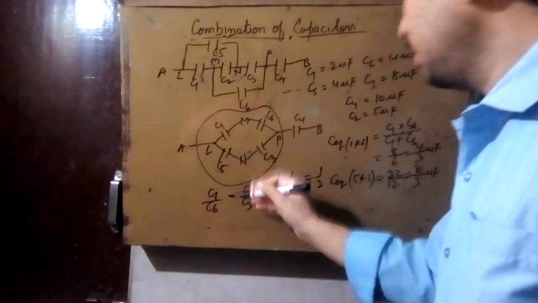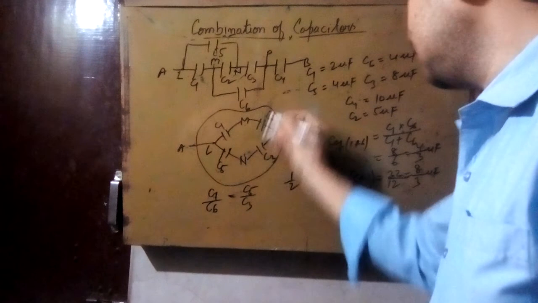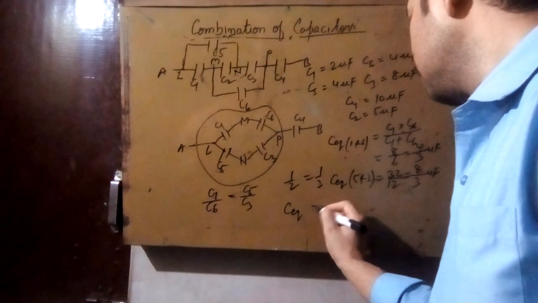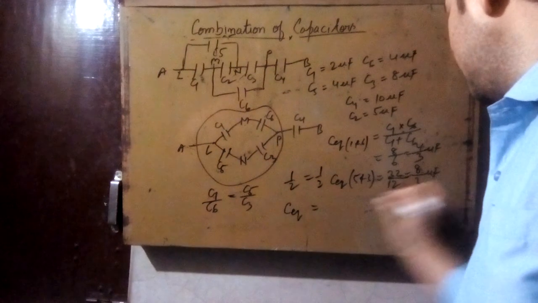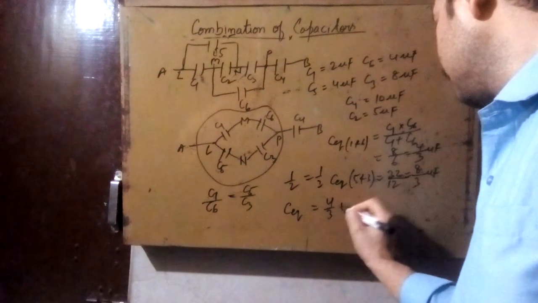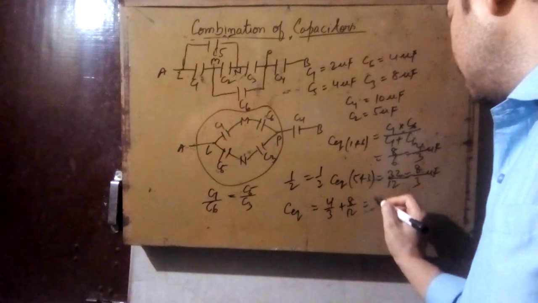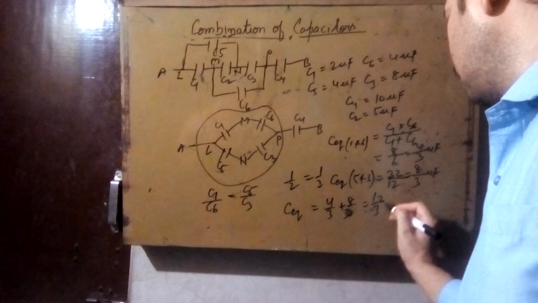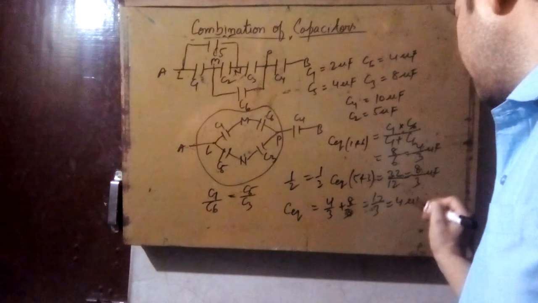Now both combinations are in parallel. So what is the net equivalent? It is equal to 4 by 3 plus 8 by 3. That is 12 by 3, that is 4 microfarad.